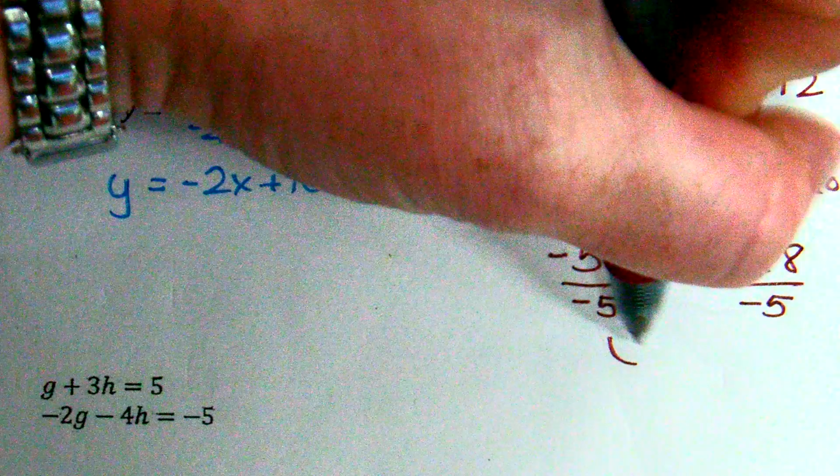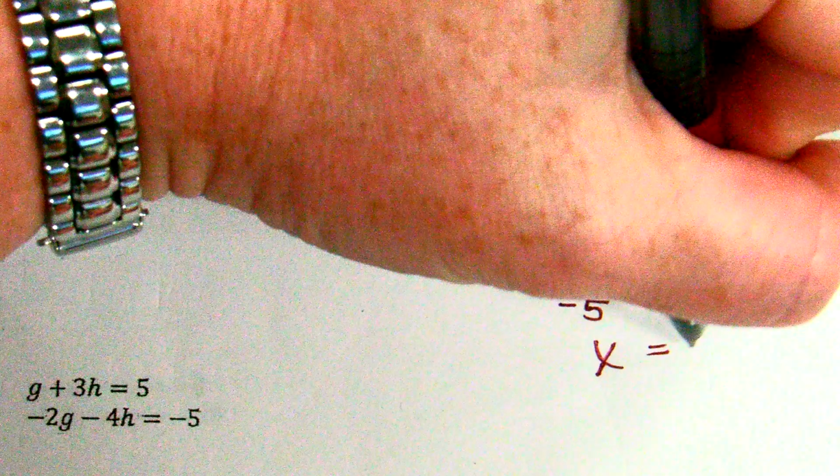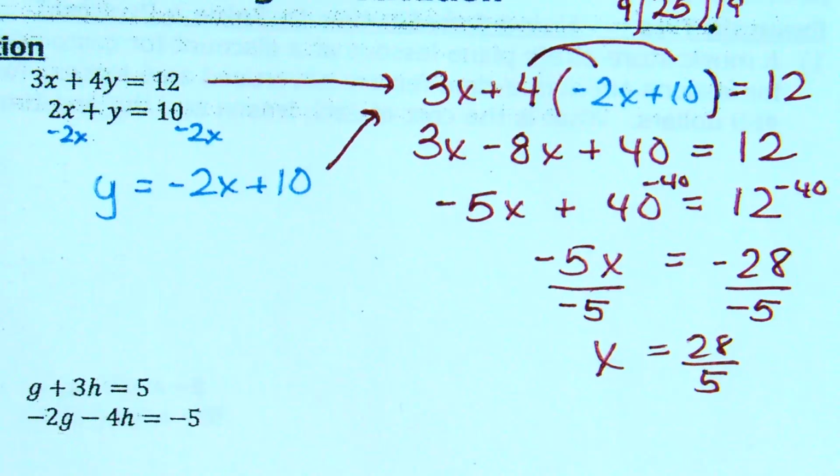Options for how I can express this answer. As a fraction, what would I express this as? Okay, except what is a negative divided by a negative? Positive. So if you're going for fraction form, I would use positive 28/5. Could you go decimal form?